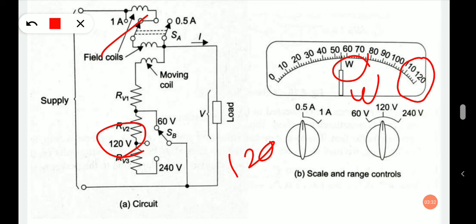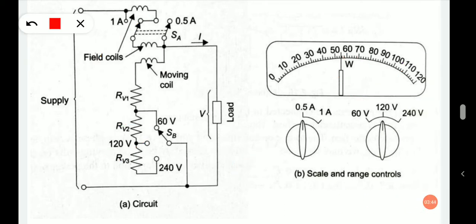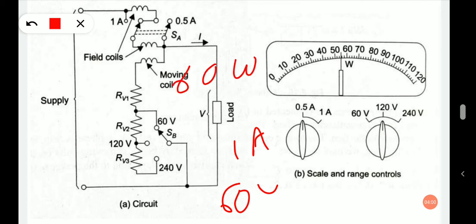Now consider an example where the current and voltage ranges for a wattmeter are set at 1 ampere and 60 volt respectively. The instrument will give full scale deflection equal to 60 watt. How 60 watt? The multiplication of current and voltage, that is 60 watt.